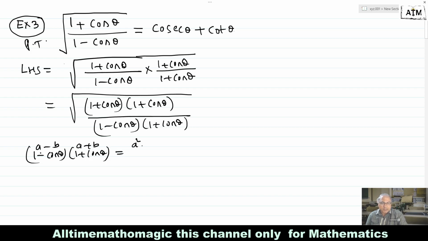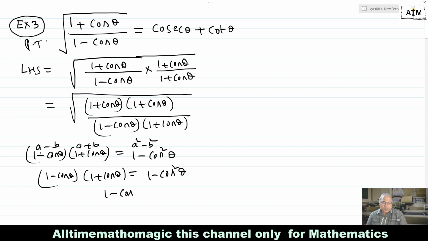This is nothing but a square minus b square, that is nothing but 1 minus cos square theta. Therefore 1 minus cos theta into 1 plus cos theta equals 1 minus cos square theta, and we know the formula, 1 minus cos square theta equals sin square theta.